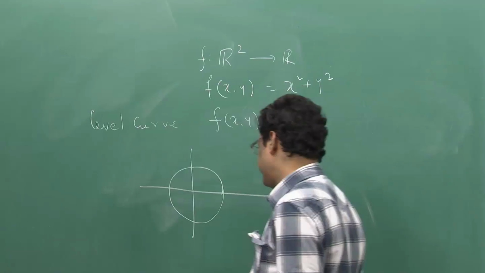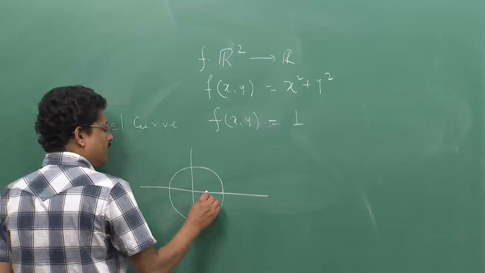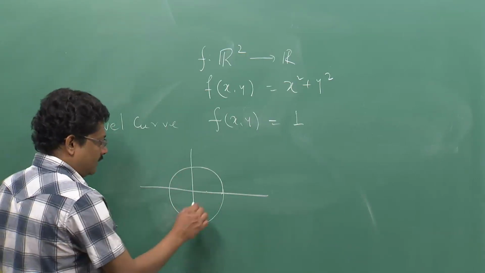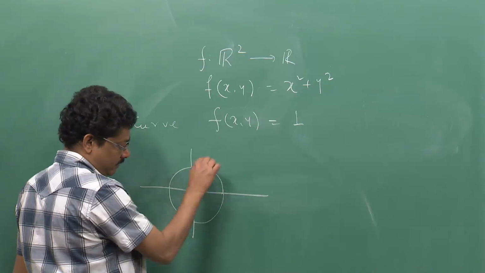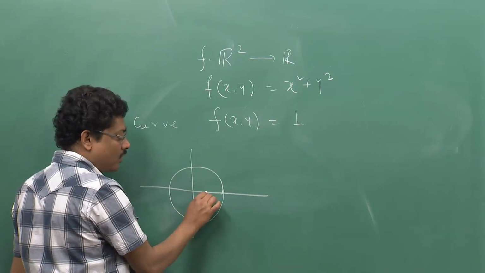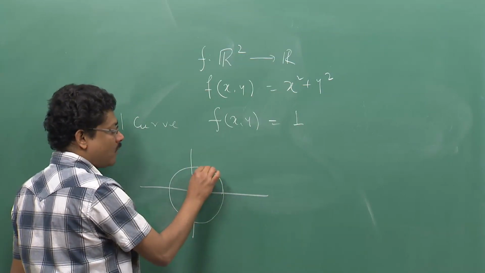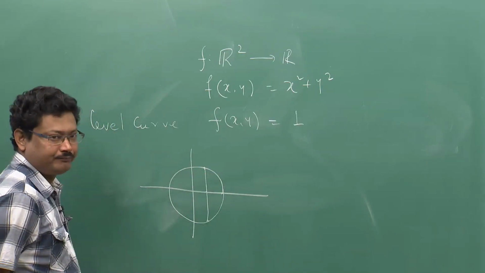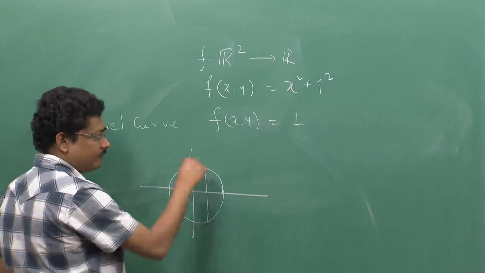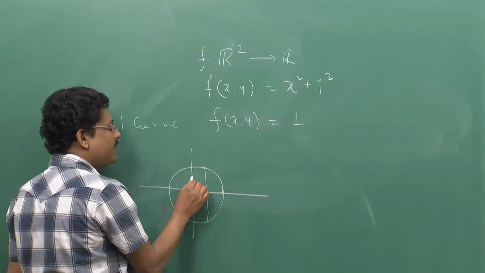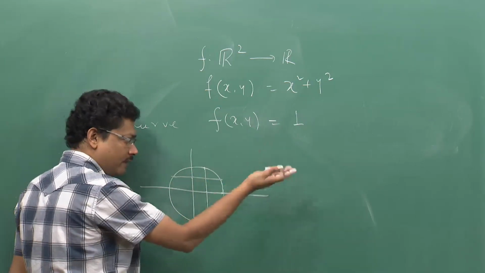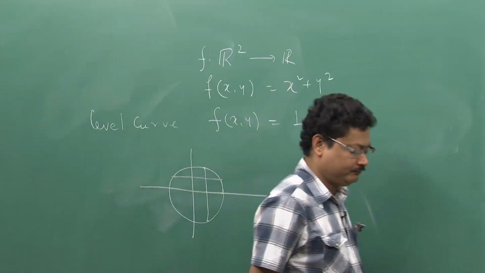Because whatever x you choose here, if I have a function, this value will be g(x), but corresponding to this point x, there are 2 y's. Similarly, the other way around, corresponding to any y here, there are 2 x's. So, I cannot write it neither as a function of x nor as a function of y.